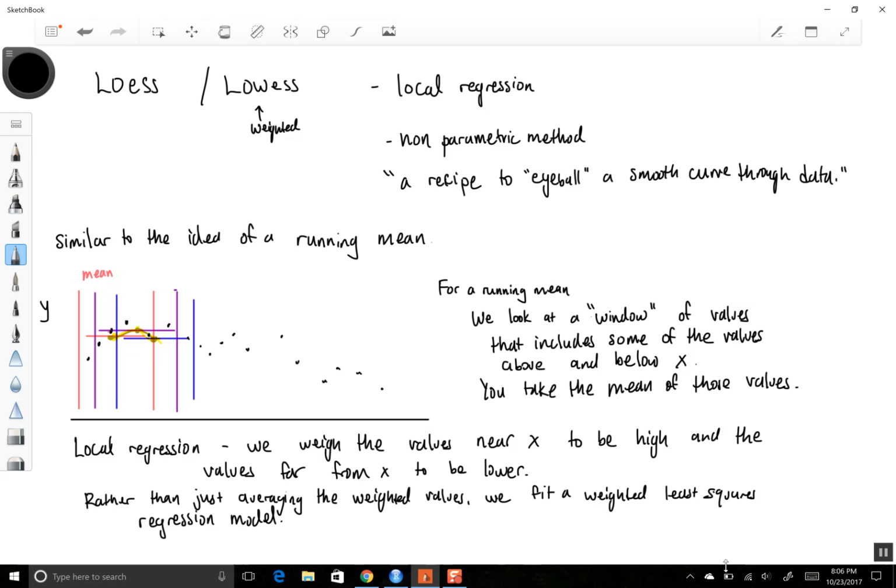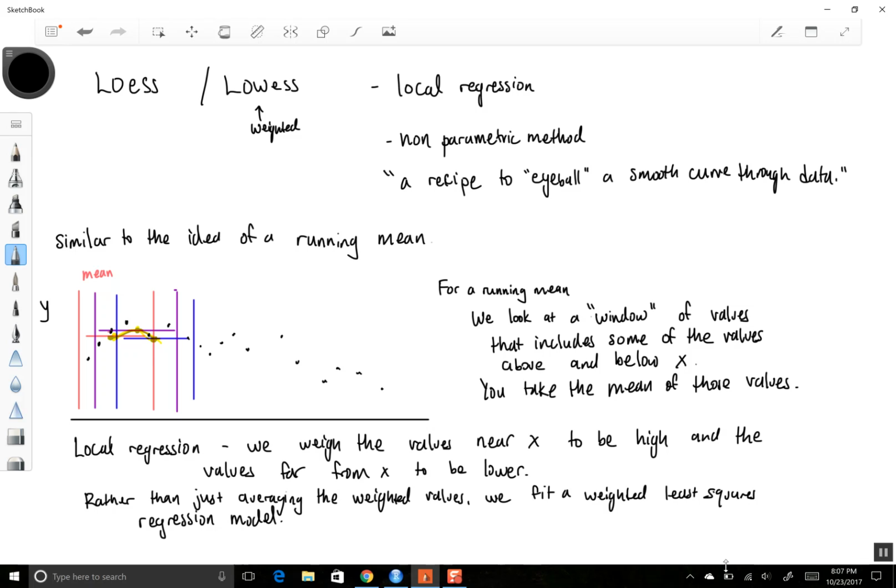Therefore, we want to focus our energies on minimizing these residuals, and if these other residuals are big, that's okay. So weighted least squares regression just says rather than trying to minimize all the squared residuals equally, we're going to try to minimize the squared residuals, but some residuals are more important than others, and that importance is determined by the weights.